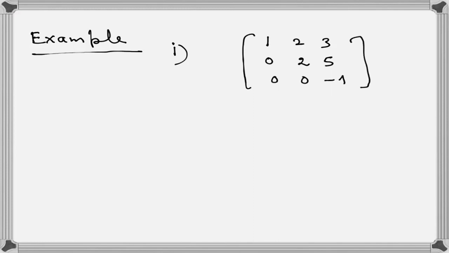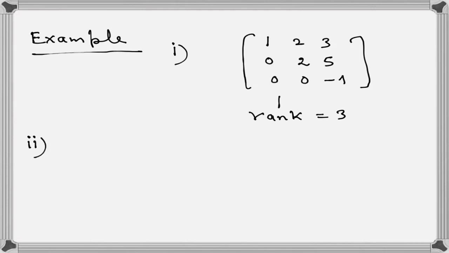This matrix is in echelon form because the zeros are in increasing order. If the second row has one 0, then the third row has two 0s. The rank of this matrix is 3 because all rows are non-zero.